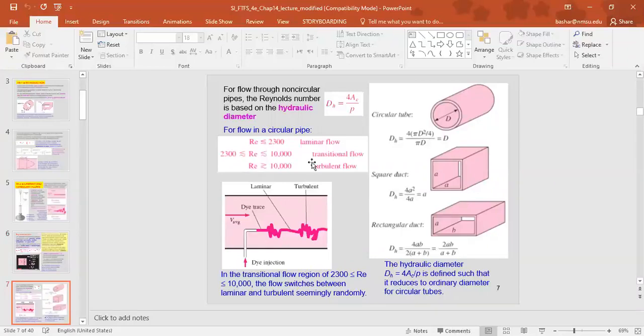Here, the laminar flow, the transitional flow, if it's greater than 10,000, then that's when it's a turbulent flow. For the purposes of this course, below 2300, we will assume the flow is laminar. Greater than 2300, we will treat it as turbulent flow, and the equations for the turbulent flow apply.